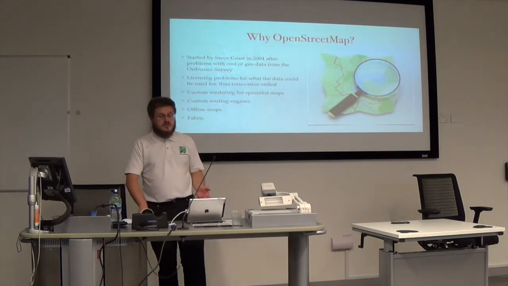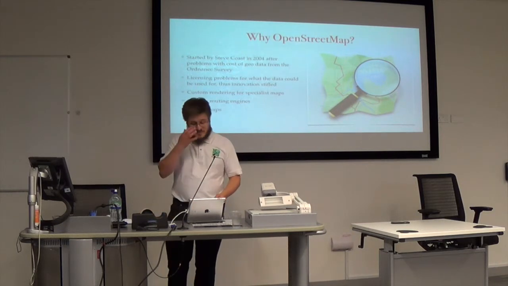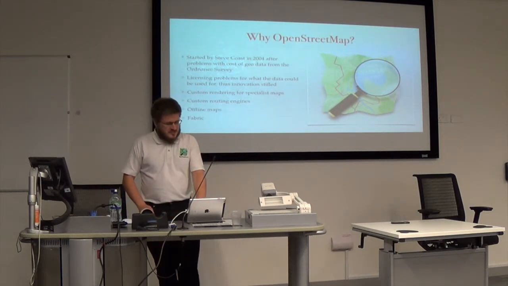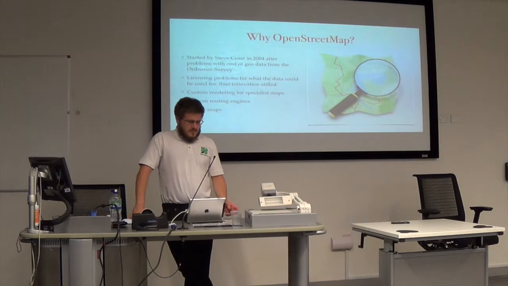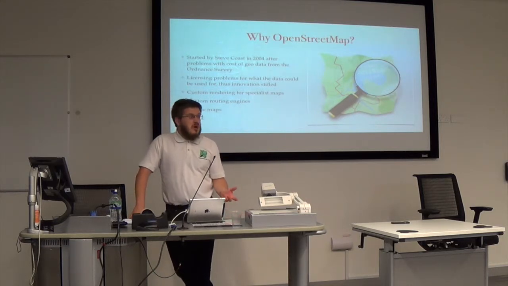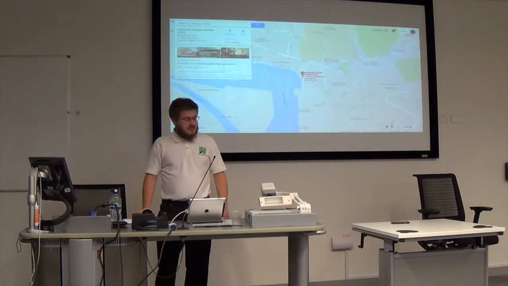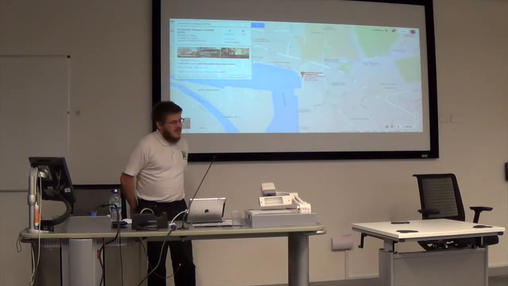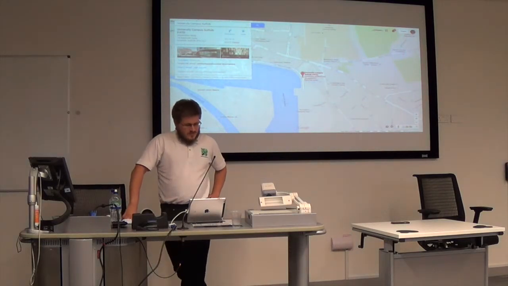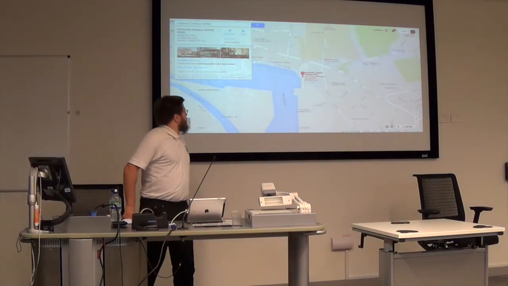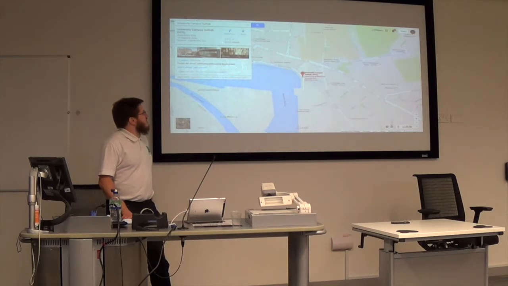And there have been quite a lot of interesting projects that have come out of it, some of which I'll discuss later. Also, some of the other maps just aren't quite as good in some ways. I'll take a look at a few of these maps. Google Maps is interesting.